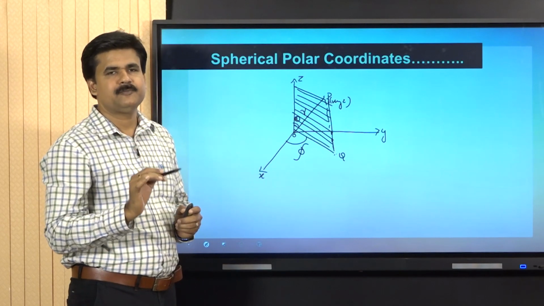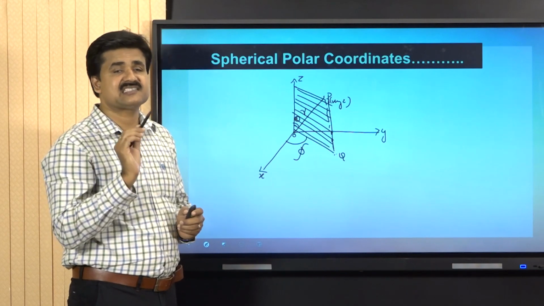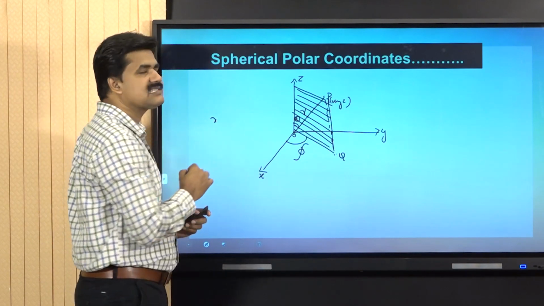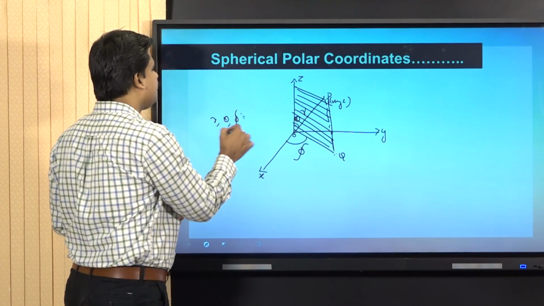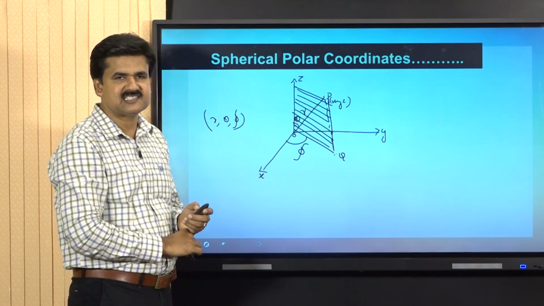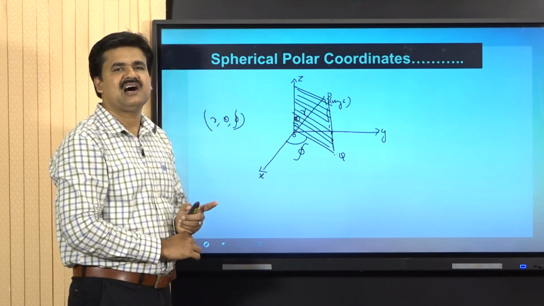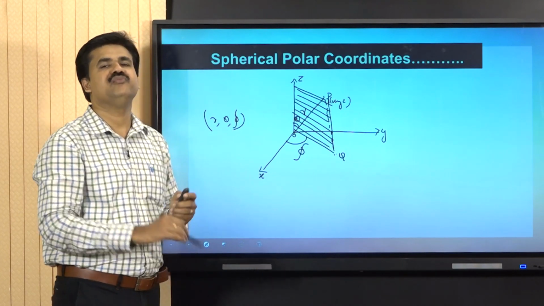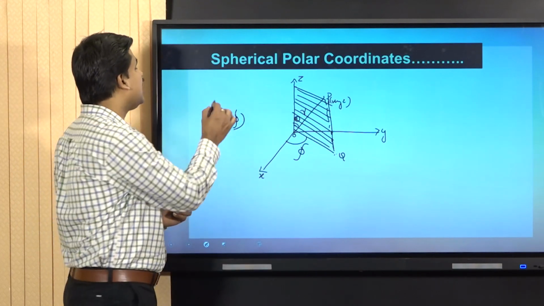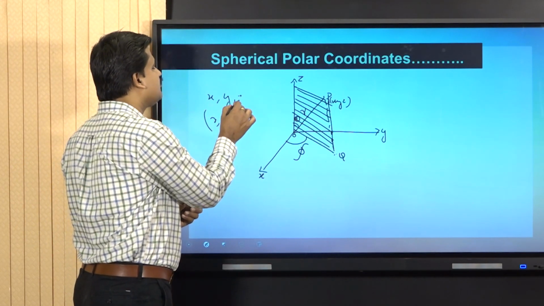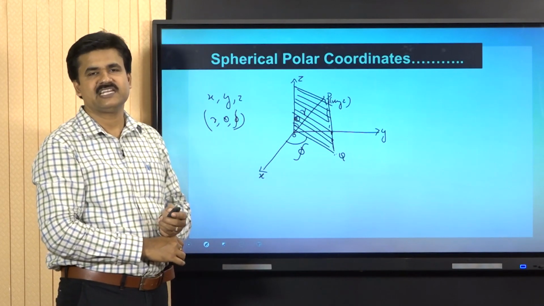So we have three variables: one is a distance, that is r, and the others are two angles, theta and phi. Thus, in the spherical polar coordinate system, instead of x, y and z, we have three variables r, theta and phi. Now we have to understand the relation between the Cartesian coordinates x, y and z and the new coordinate system, the spherical polar coordinate system.